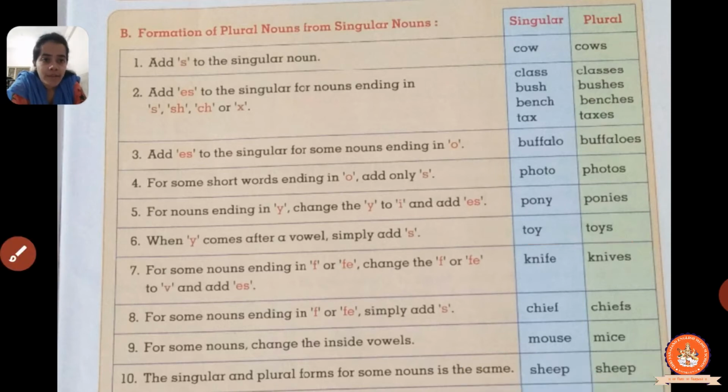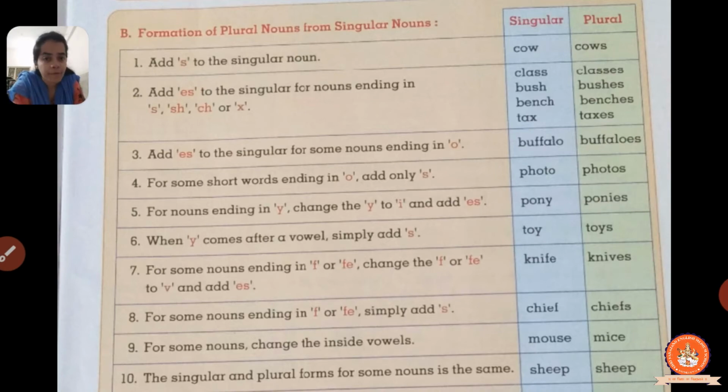Then we have the next one. For some nouns ending in f or fe, change the f or fe to v and add es. So we have some nouns which end with f, or which end with fe, right? So what we will do? We will remove the f or fe, and instead of f or fe, we will add v over there, and then we have to simply add es as we are doing in all the nouns. So knife, knives.